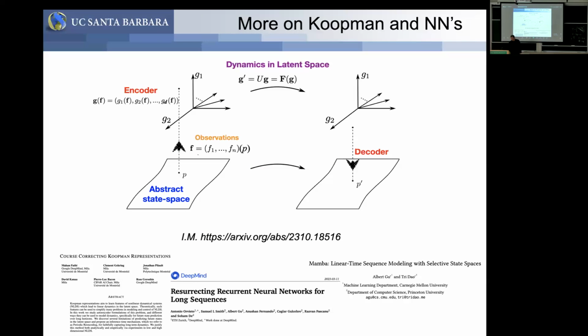And I will finish with this particular picture. So the architecture for the modeling is you have an abstract state space, you lift it with observables. Your dynamics in latent space is provided by either a linear or nonlinear representation of the Koopman operator. You project down, that's your decoder.